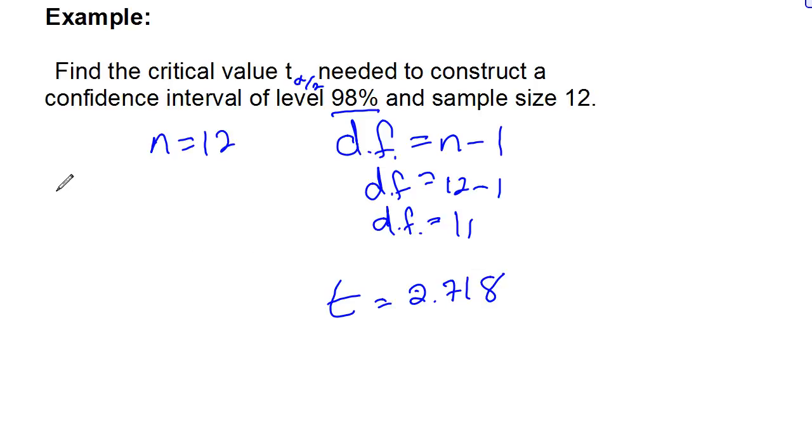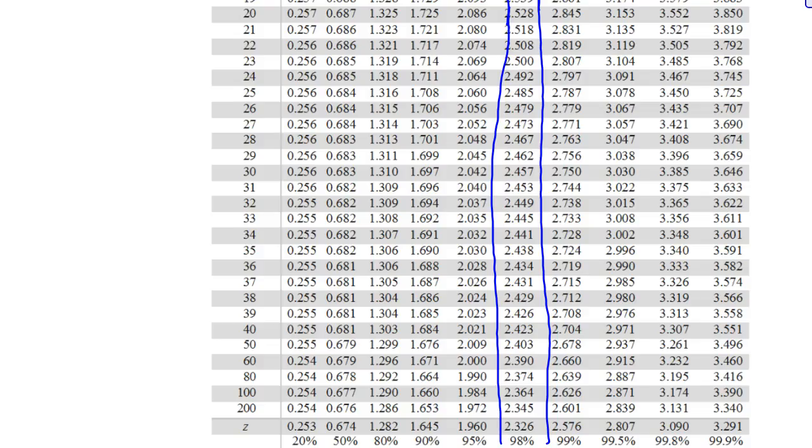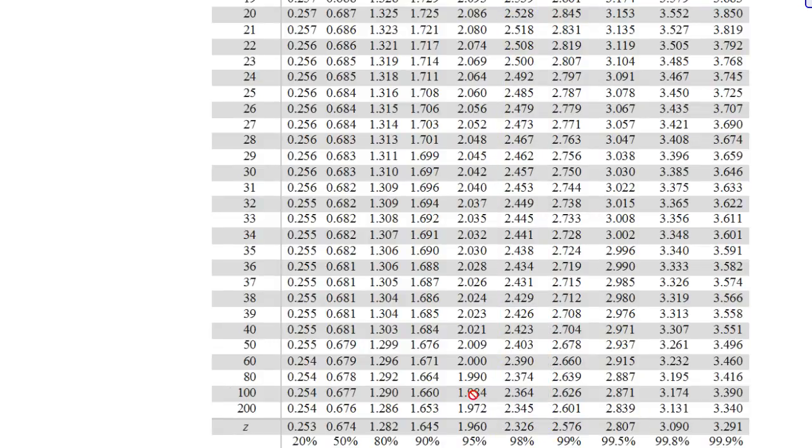Now, a couple of things, especially with degrees of freedom. Notice that on our degrees of freedom chart over here for our t chart, not all degrees of freedom are over here. We skip around. And so what you do is, if the degree of freedom that you need is not on the chart, you're going to go to the one below where you need.